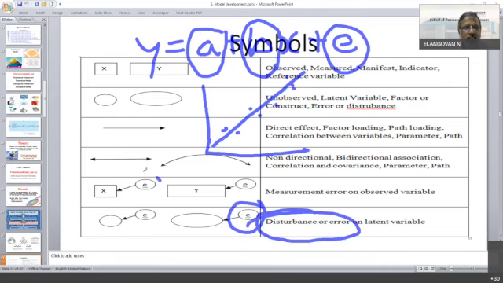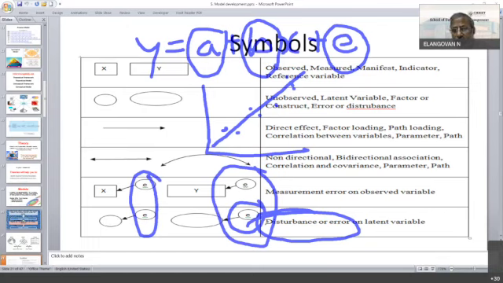These two things we do in the software. It's not required for presenting a model, because this is within the calculation that comes out. Measurement error and disturbance error come out in the calculation. We don't present them in any research model.